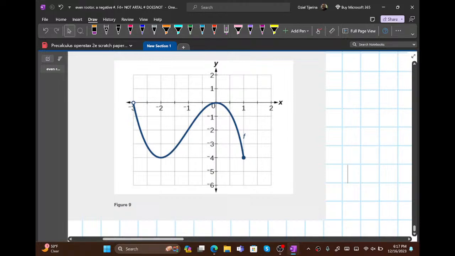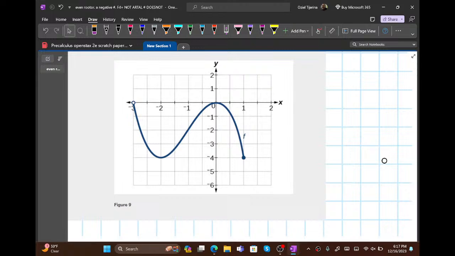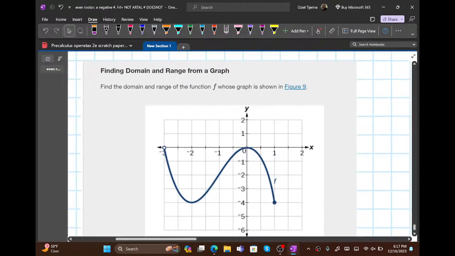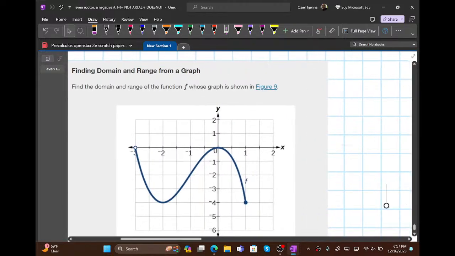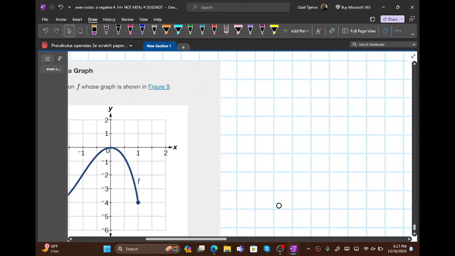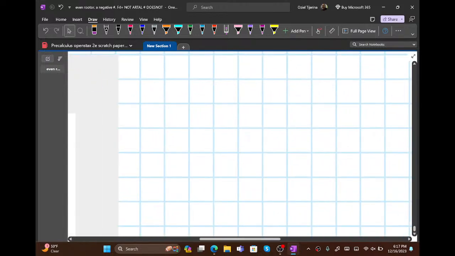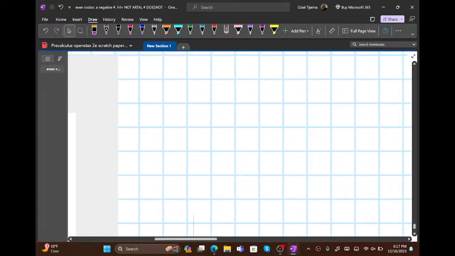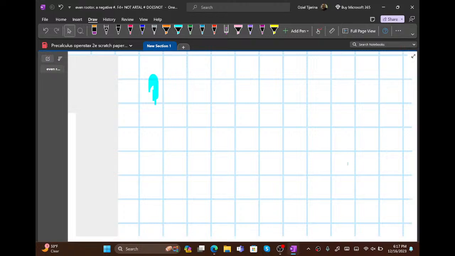Alright, so this one, we want to find the domain and range from an actual graph. Here's how I do it. There are four questions to ask yourself for these problems.